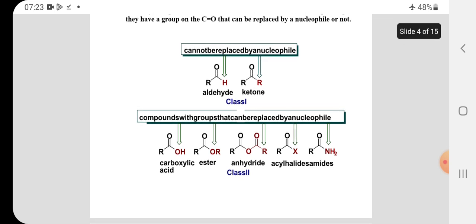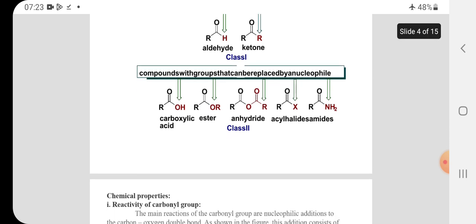Because the carbonyl group is an electron withdrawing group, the electron clouds are moved towards the carbonyl carbon. The carbon and any alkyl group or hydrogen have the positive charge. So these are not easily replaced by a nucleophile.